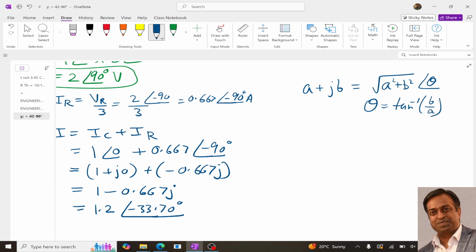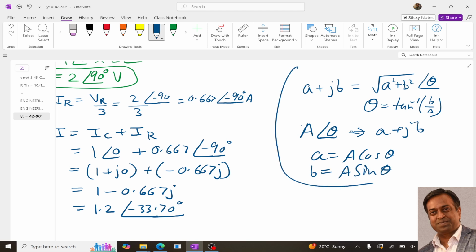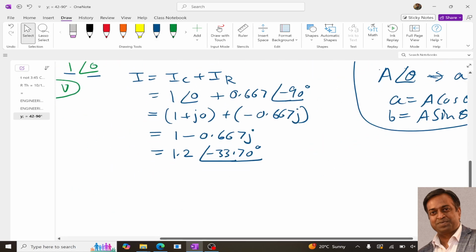And if we have this in polar form, A angle theta, then this can be converted into a plus jb, where a will be equal to A cos theta and b will be equal to A sin theta. So simply you need to remember this formula, or you can do it using the calculator.